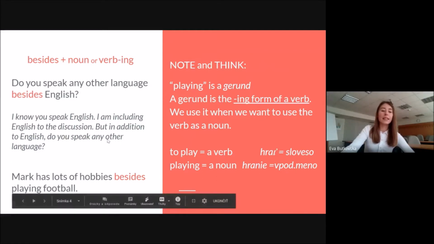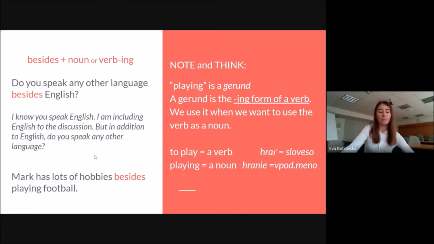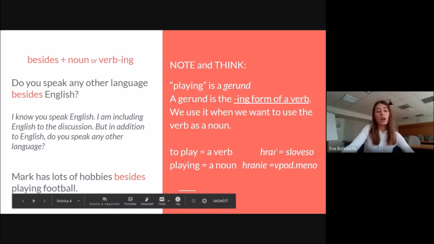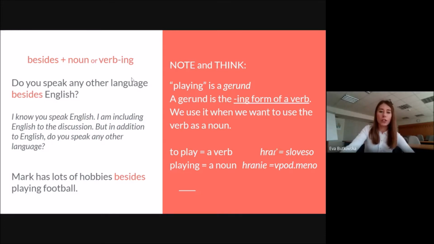Let's look at the second sentence. Mark has lots of hobbies besides playing football. Now I want you to think and really understand what the sentence is saying, and see that after besides, it's not a noun. It's not something that you would normally call a noun. It's a gerund. And what is a gerund? It's the ing form of a verb. And you really need to understand that when we want to use a verb as a noun, we put it in the ing form.